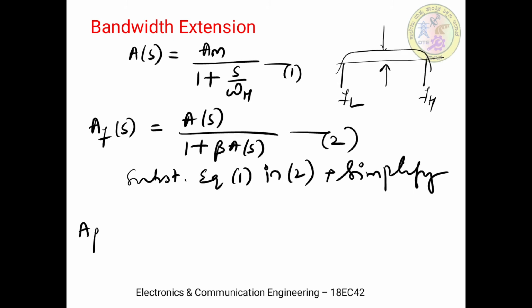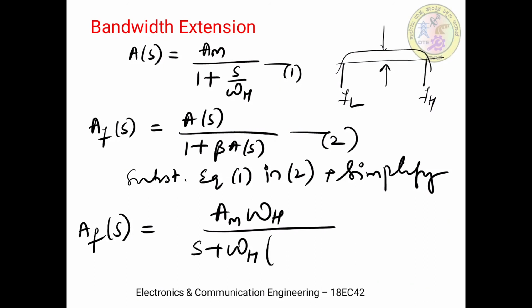So this AF of S will be equal to AM into omega H divided by S plus omega H into 1 plus AM into beta. So wherever A of S is there, we have to substitute equation 1, and some simple simplification is required to write AF of S in this form, AM into omega H by S plus omega H into 1 plus AM beta.